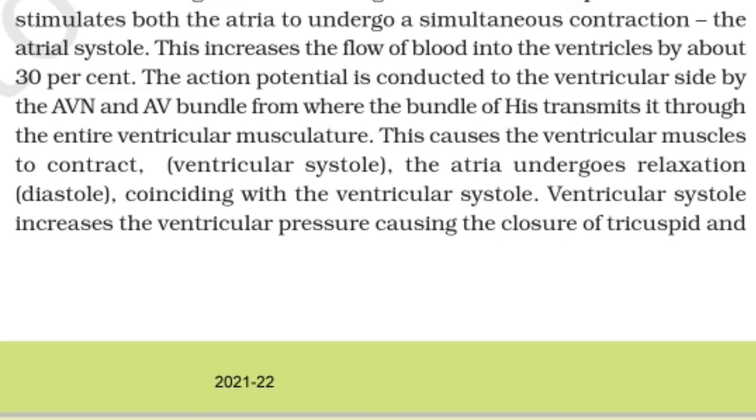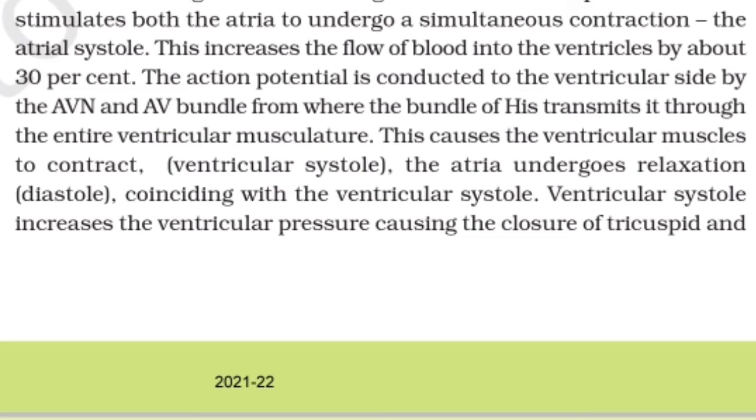The action potential is conducted to the ventricular side by the AVN and AV bundle, from where the bundle of His transmits it through the entire ventricular musculature. This causes the ventricular muscles to contract (ventricular systole). The atria undergo relaxation (diastole), coinciding with the ventricular systole.